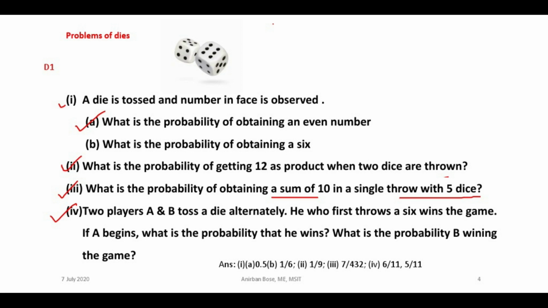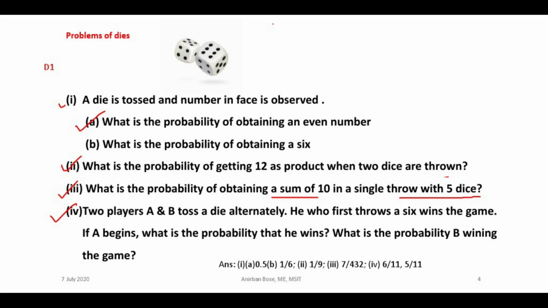If A does not get 6, then it will be B's turn. So if B gets 6, then B will win. If B also does not get 6, then it will be A's turn again. So whoever first throws 6 will win the game. So this is the game. The question is, what is the probability that A will win if A starts the game?